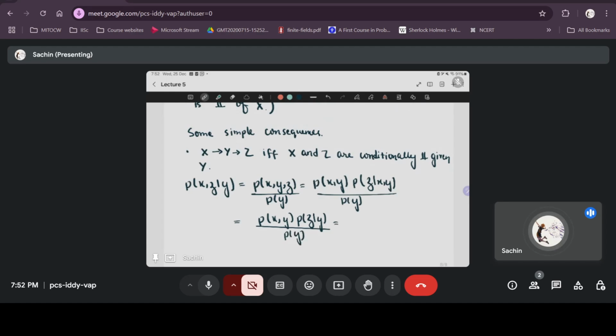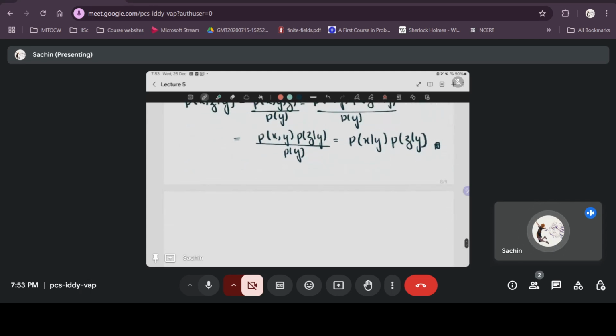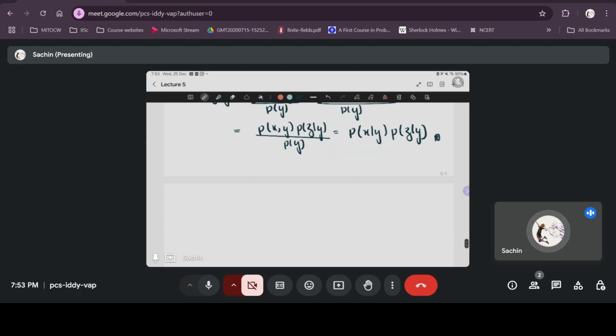But p of x comma y divided by p of y is nothing but p of x given y. So this becomes p of x comma z given y is equal to p of x given y times p of z given y.